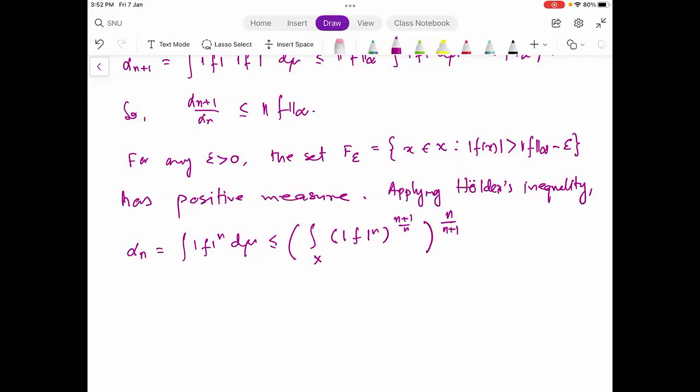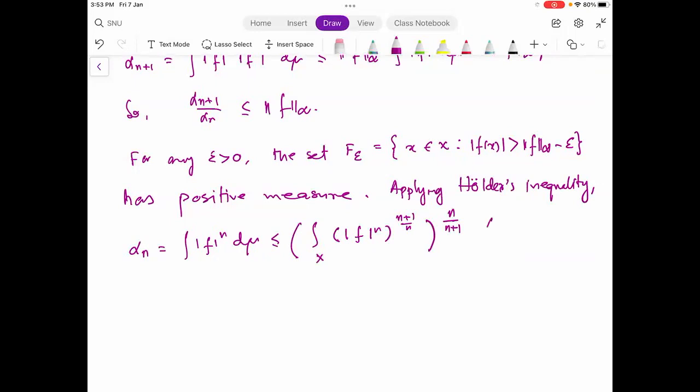My p is n plus 1 by n. So 1 by p is n by n plus 1. That means 1 by q will have to be 1 by n plus 1. So q is n plus 1.